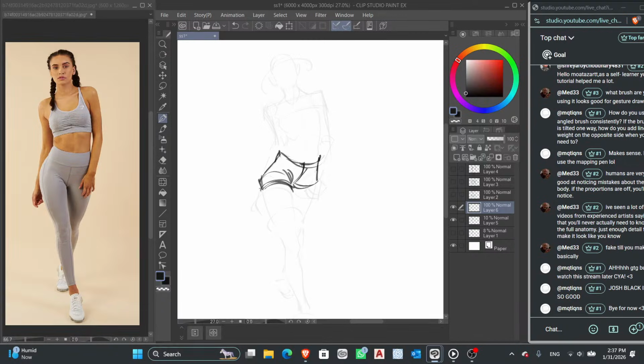This one is going to follow this curve, and this one is going to follow this curve. Alright? So wrapping lines are important when it comes to drawing clothes. If you're gonna continue drawing the legs and start socks from here, it's going to be like this.